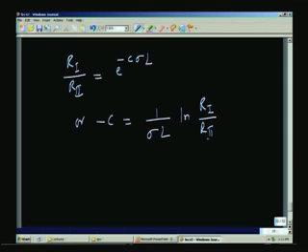Since R1 is smaller than R2, this will itself be a negative quantity, and therefore that minus will cancel, and this will give the concentration.